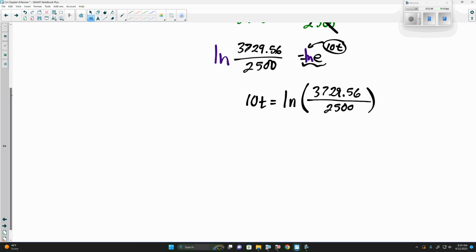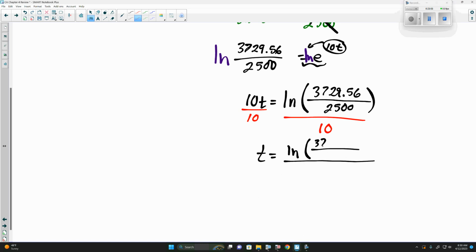The last thing we need to do is divide both sides by 10. I don't know why I said t, but I'll explain that in a second. So we have ln of 3,729.56 over 2,500, all divided by 10, and we can plug this in.